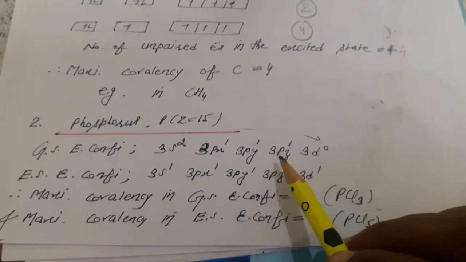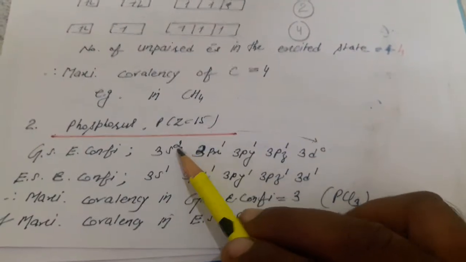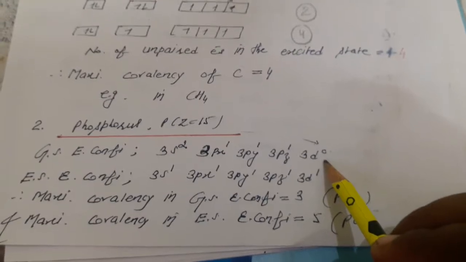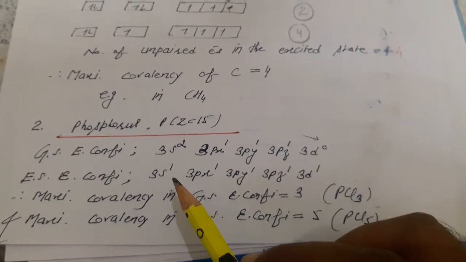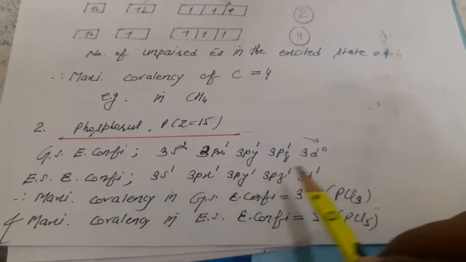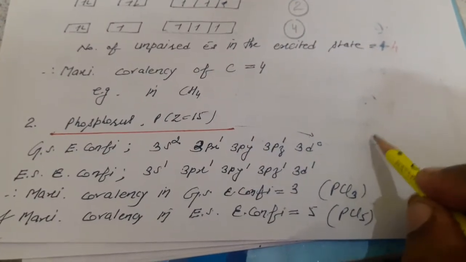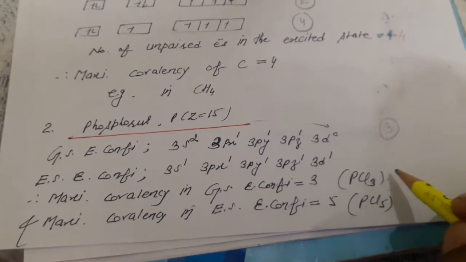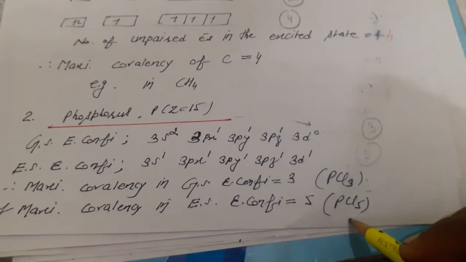There is no vacant p orbital available, so an electron will be excited into the next vacant d orbital, if available. After the first excited state, it has 5 unpaired electrons. First is 3, so with covalency 3 this compound exists, for example PCl3, and with covalency 5 there exists PCl5.